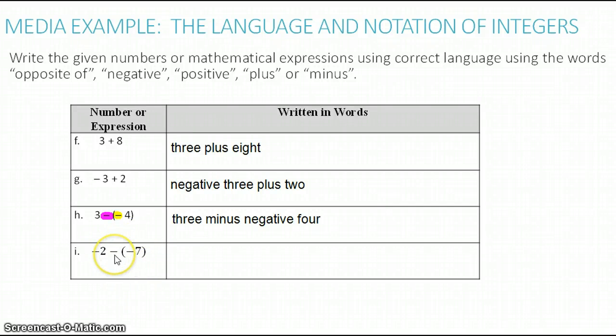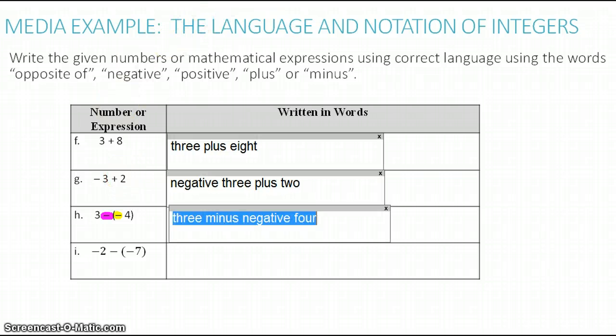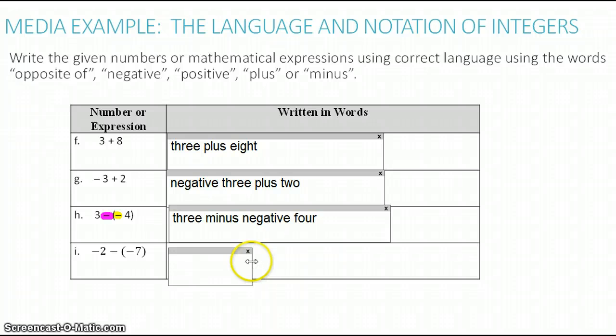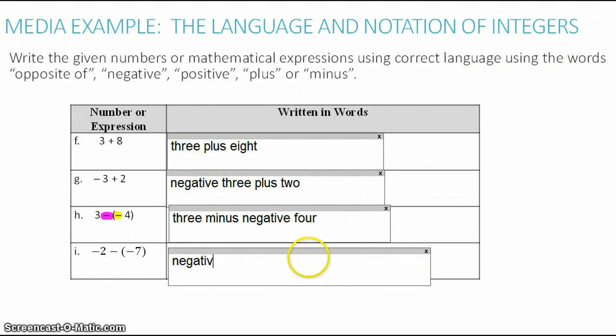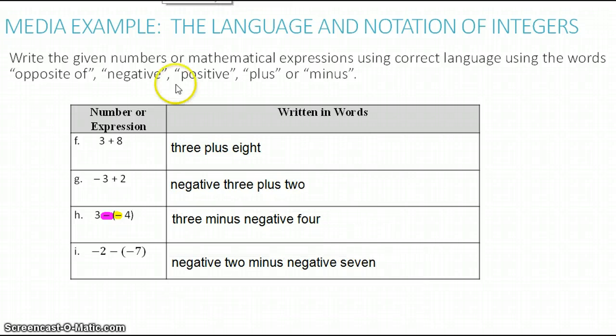So this represents subtraction. So to write this, we would state the first number, which is -2, the operation minus, and then our second number, -7. And those are our results for these problems.